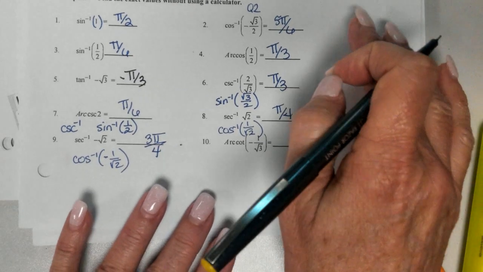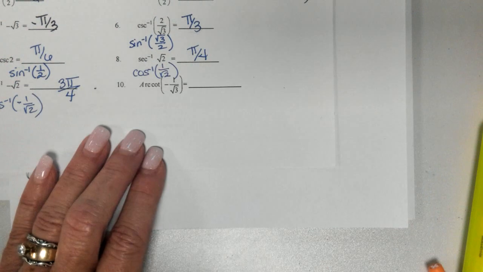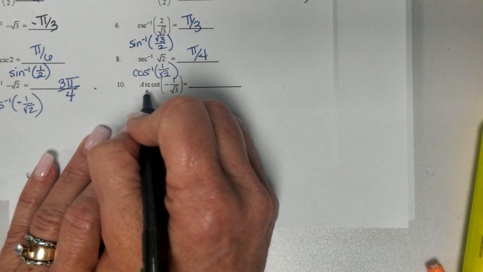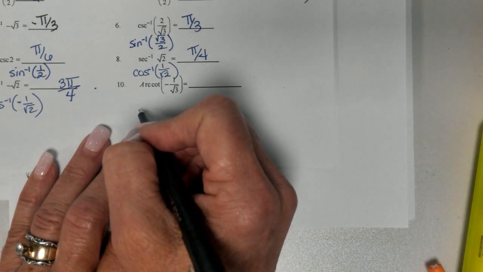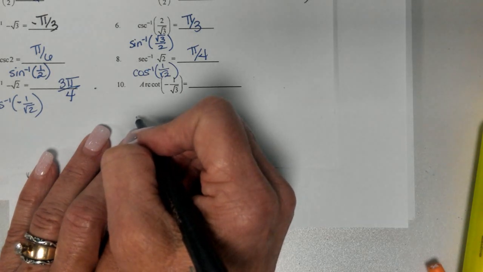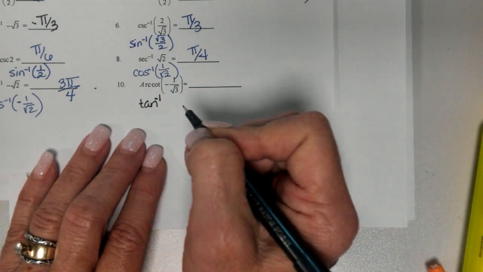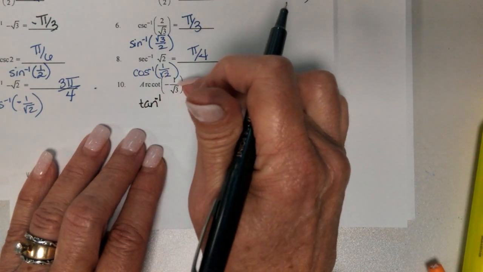And let's look over here at the arc cotangent. Let's change this first of all from arc to inverse. And let's change it from cotangent to tangent. So we've got inverse tangent. So since I changed this trig function, I better do my reciprocal over here.